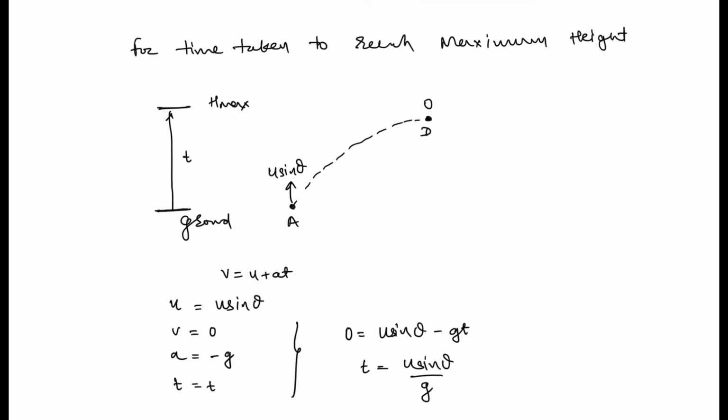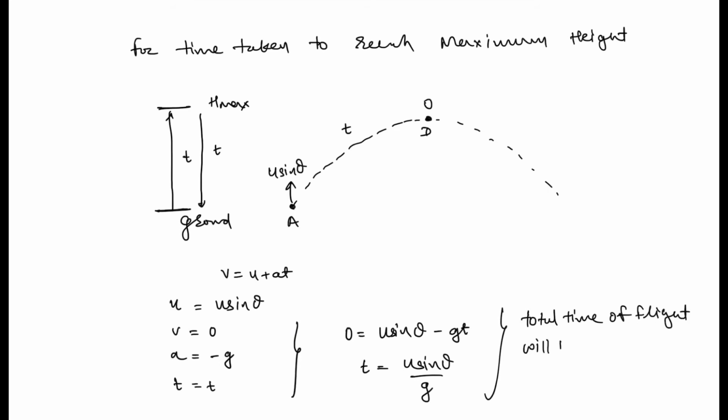Now it goes in time t to maximum height and it has to come back to the ground. So another t time is taken. So we can write total time of flight will be 2t, and it will be equal to T, time of flight, is equal to 2u sin theta divided by g.